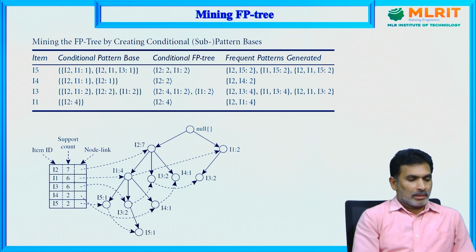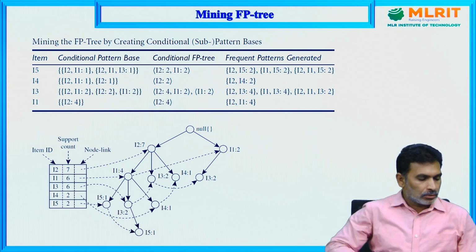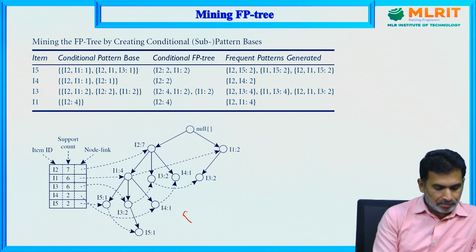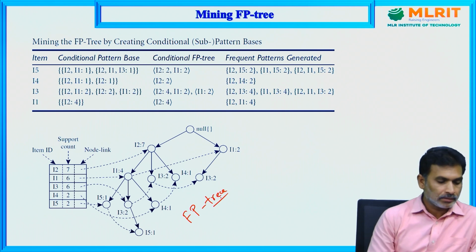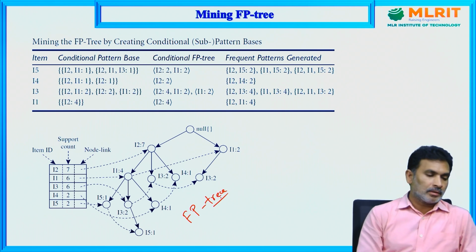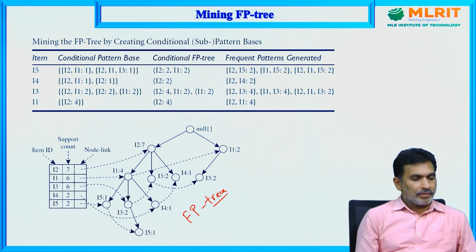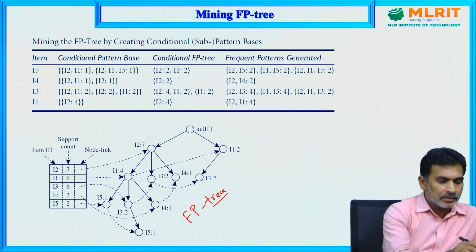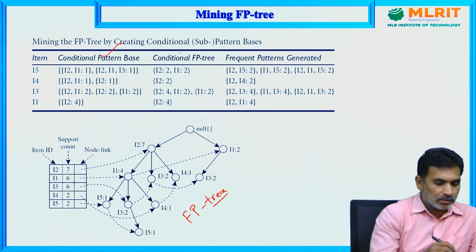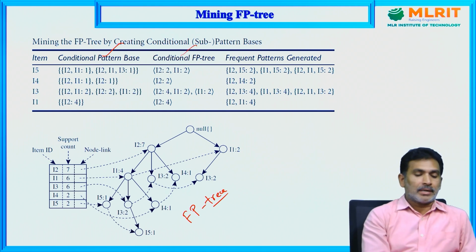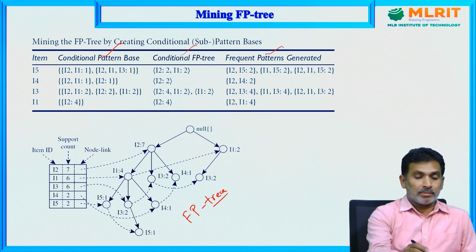Let us apply this procedure of mining frequent patterns to this continuing example. Here is the FP tree that we have constructed for the example transactional database. Now we have to find the conditional pattern base for each item in this FP tree, and also the conditional FP tree, and from that we can generate the frequent patterns.